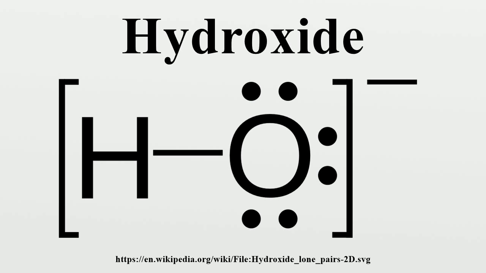Transition and post-transition metals. The hydroxides of the transition metals and post-transition metals usually have the metal in the +2 or +3 oxidation state. None are soluble in water, and many are poorly defined. One complicating feature of the hydroxides is their tendency to undergo further condensation to the oxides, a process called olation.